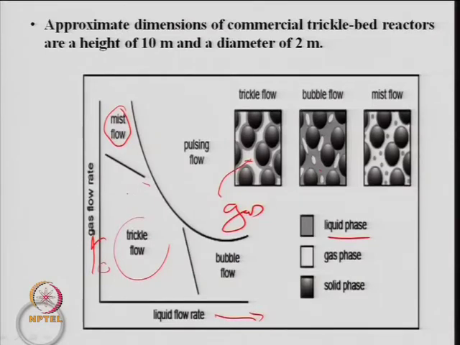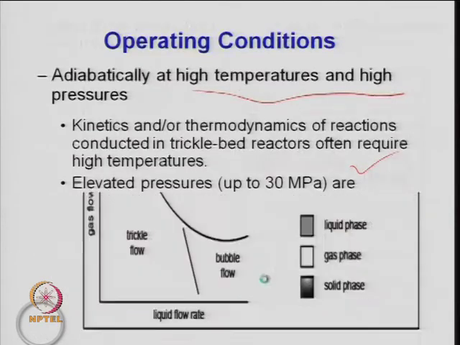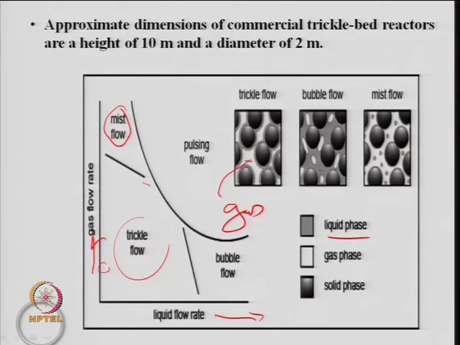And this is the region where you have some intermediate gas flow rate, which I told you is something near 0.3 meter per second of gas superficial velocity, and 0.01 meter per second for the liquid. So, you always have a trickle flow region, and if you have high gas, high liquid, you will have a kind of pulsing flow. Pulses form, and that is a different kind of flow region where the gas flow rate is very high and the liquid flow rate is relatively high.